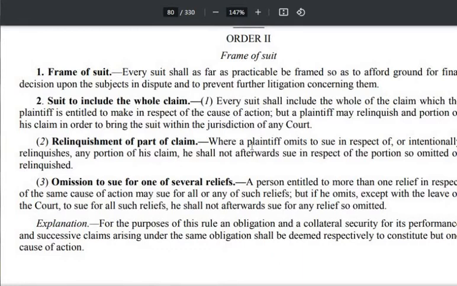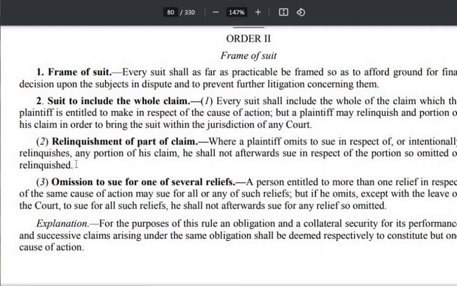They are simply saying that if you have relinquished, then you cannot file a subsequent suit and claim that relinquished part. So read the second clause again. Where a plaintiff omits to sue in respect of or intentionally relinquishes any portion of his claim, he shall not afterwards sue in respect of the portion so omitted or relinquished.